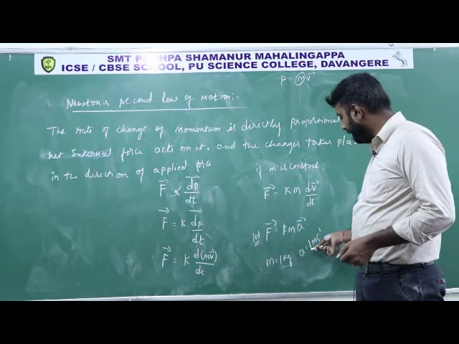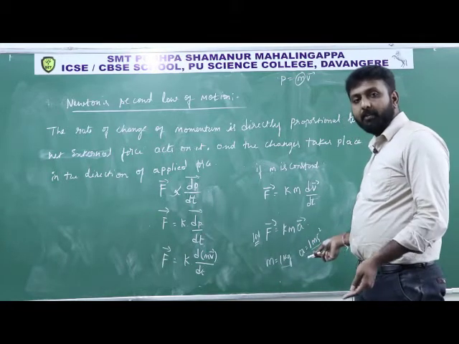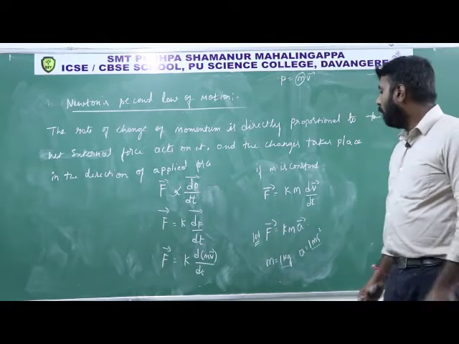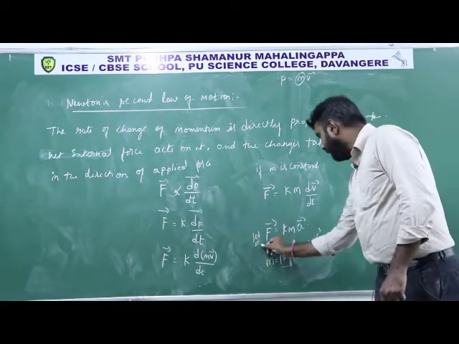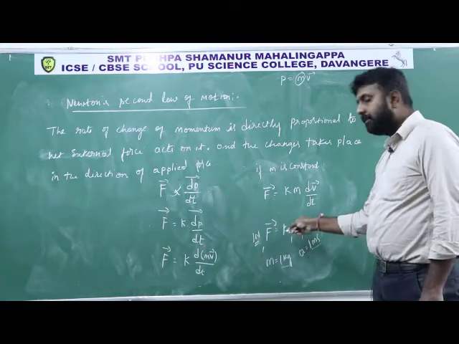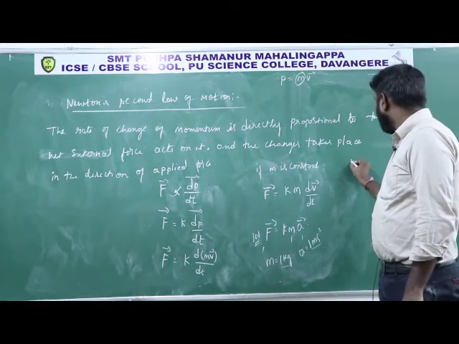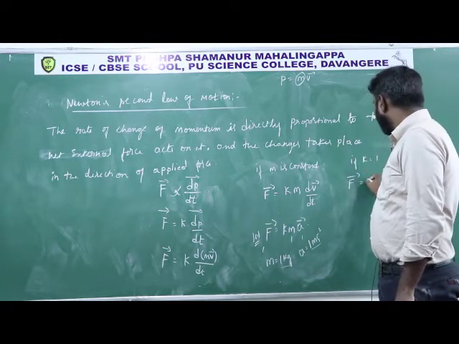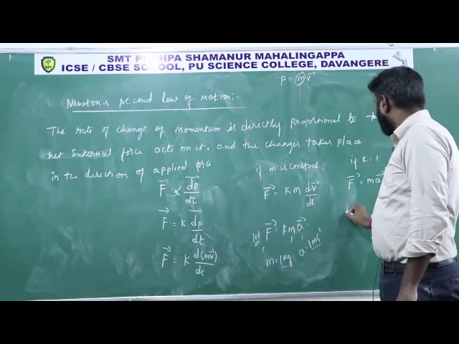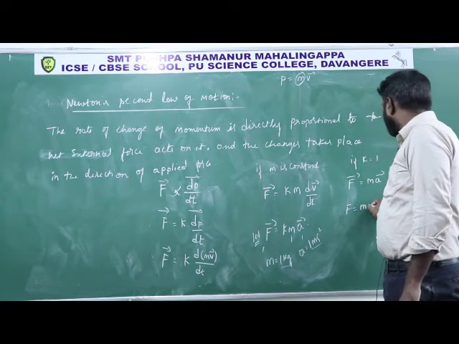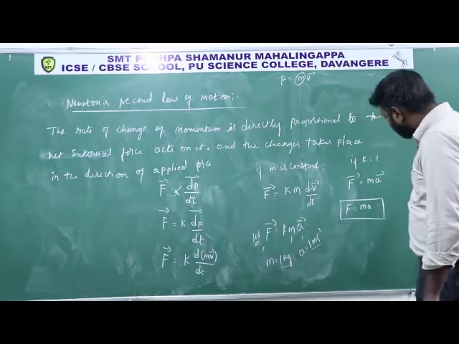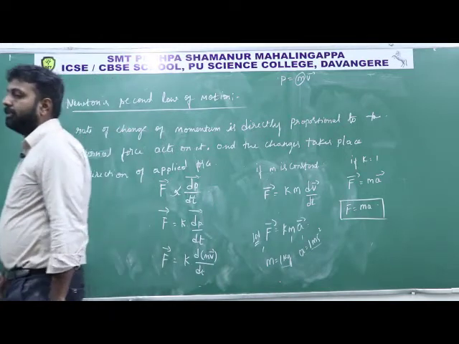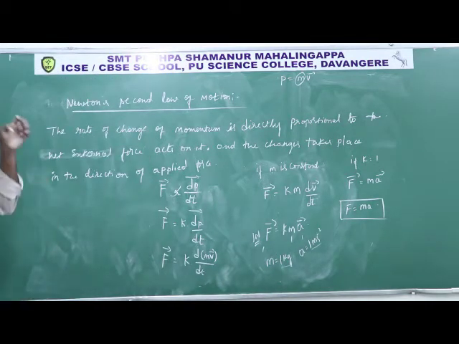If mass is 1 kg and the acceleration produced in that object is 1 meter per second square, then that force is 1 Newton. Then k becomes 1, and we can write F vector is equal to m into a vector, or in magnitude F is equal to m into a. So force is equal to mass times acceleration.